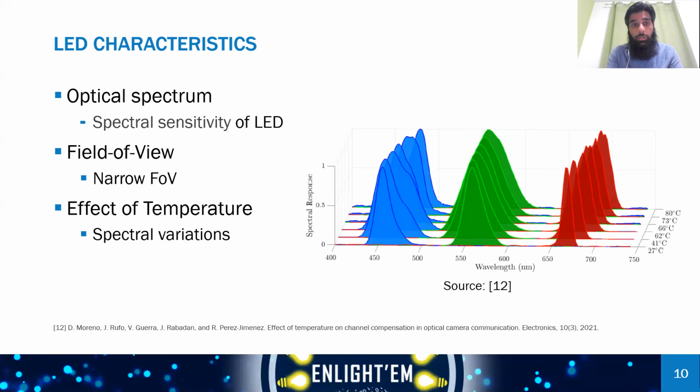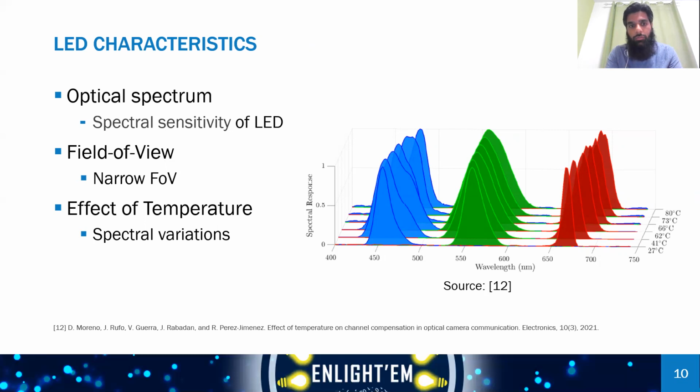For example, when you are receiving, the LED is sensitive to certain wavelengths. So you need to measure the spectral response of the LED by exposing it to different wavelengths. The second is field of view, which can be measured by transmitting from different angles of incidence on the LED if you want to use it as a receiver.